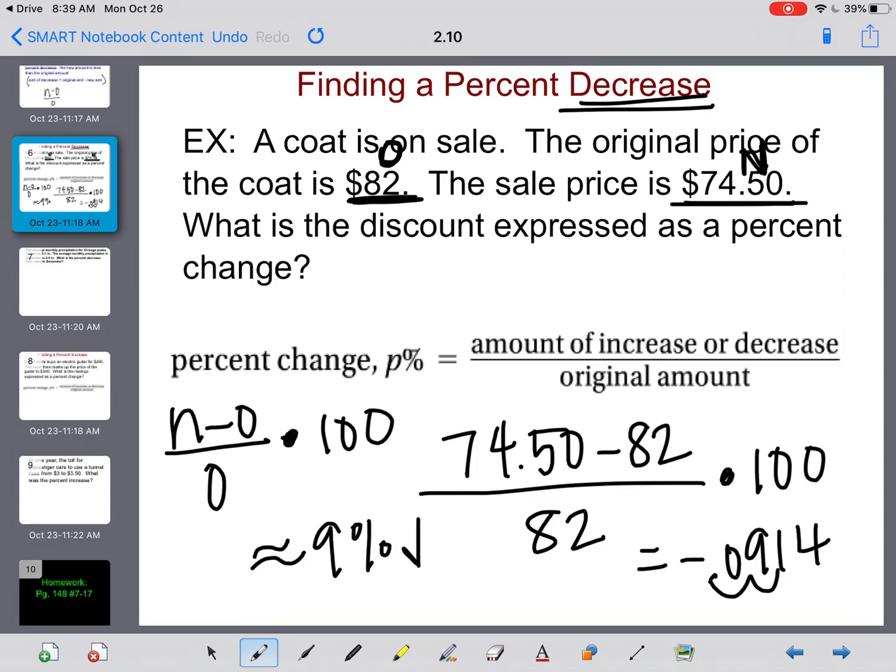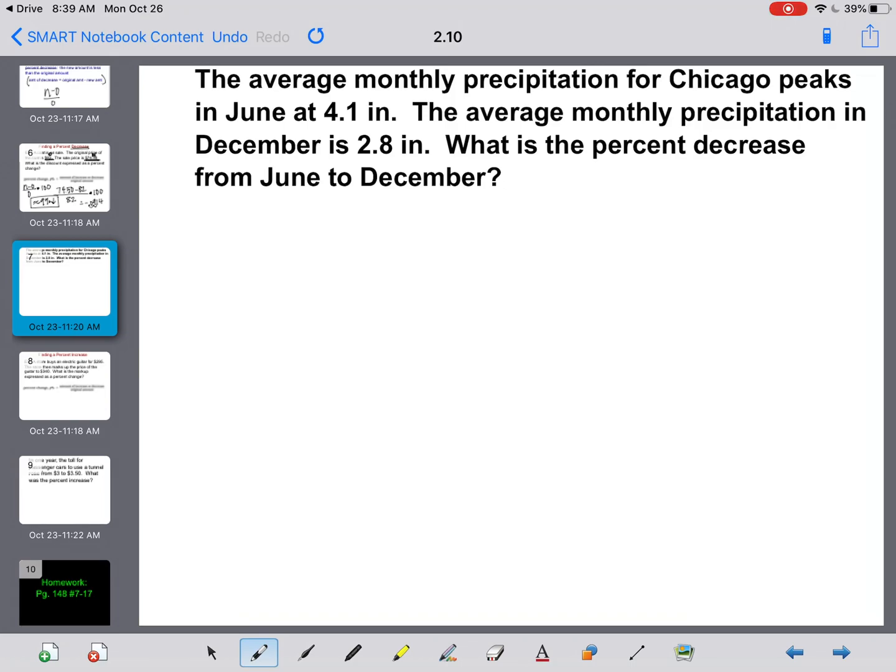But once I multiply by 100, it moves my decimal 2 places, and I'm going to say it's about a 9% decrease. So the new price, the sale price, is 9% less than the original price.